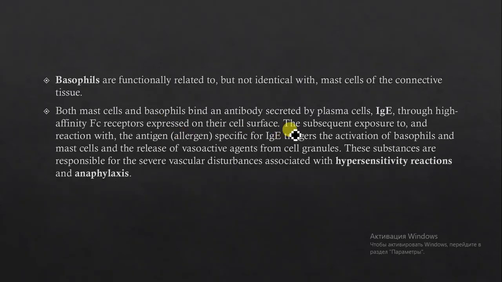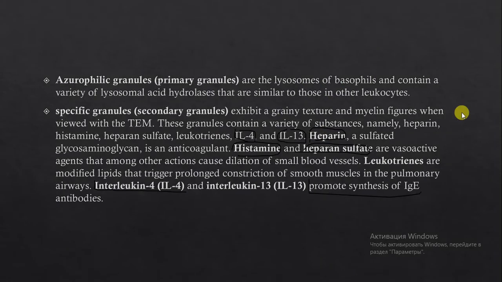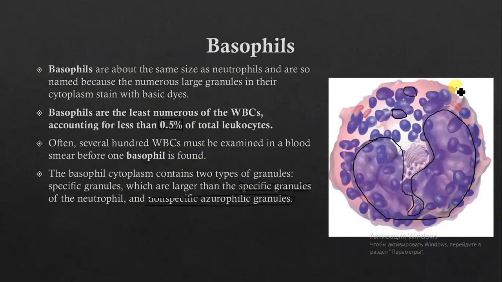So they're related to mast cells of connective tissue, as I said. On the surface of the basophils, we can find immunoglobulin E, the specific antibody, which is attached to the surface of these cells.